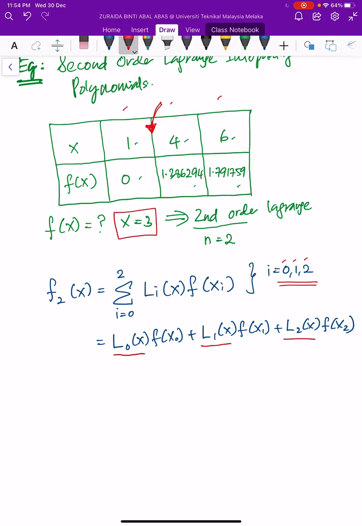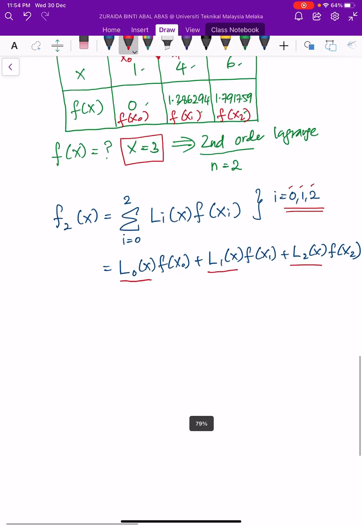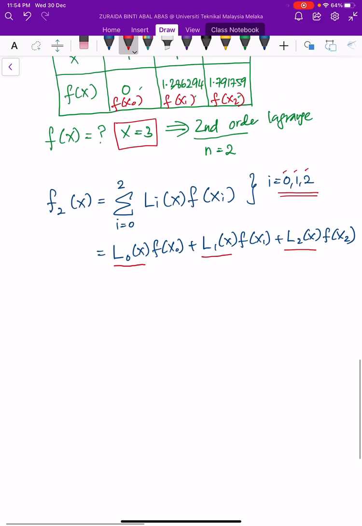So we'll choose x0 as this one, this is x1, and this is x2. Therefore, this is our f(x0), f(x1), f(x2).